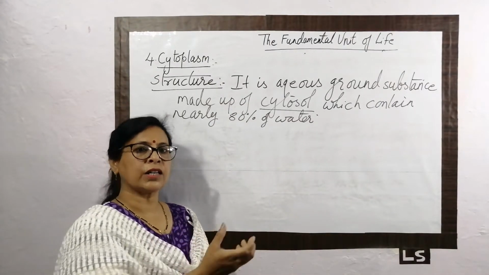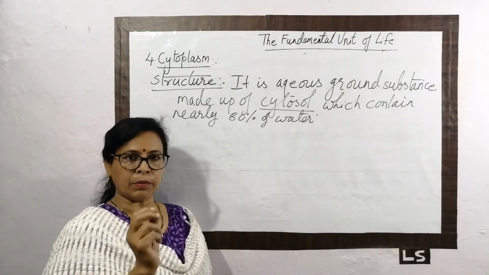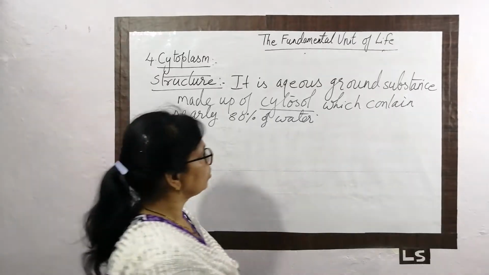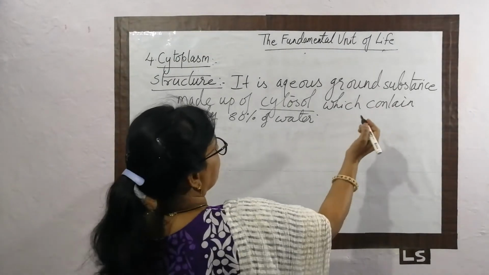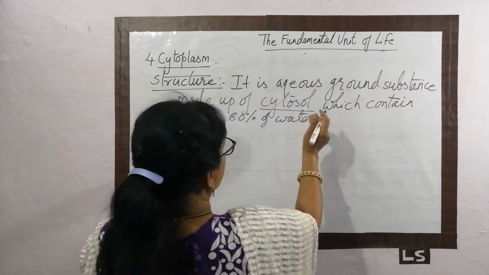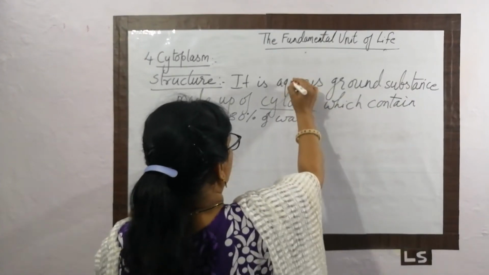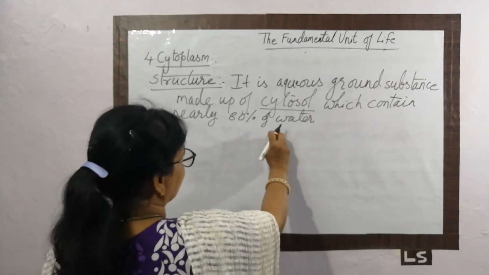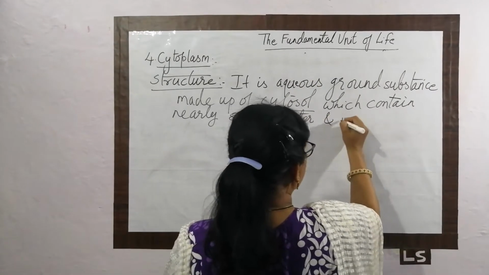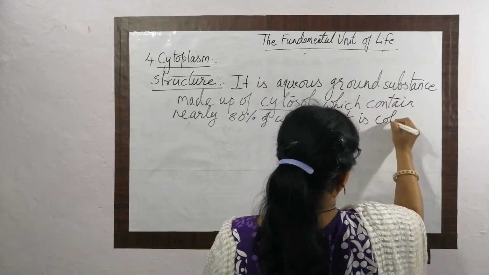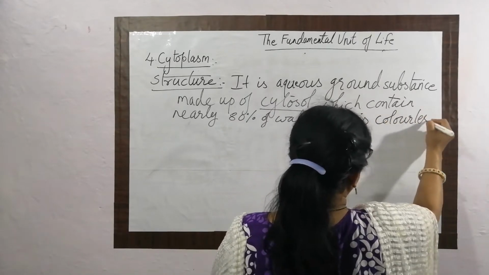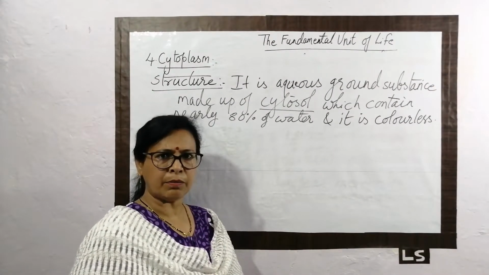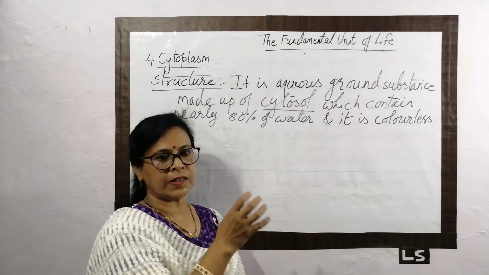All the cell organelles are actually present inside it, and it is made up of cytosol, which contains nearly 80% of water, and it is colorless. Okay, it is a ground substance. Why is it a ground substance? Because all the cell organelles are present in it.